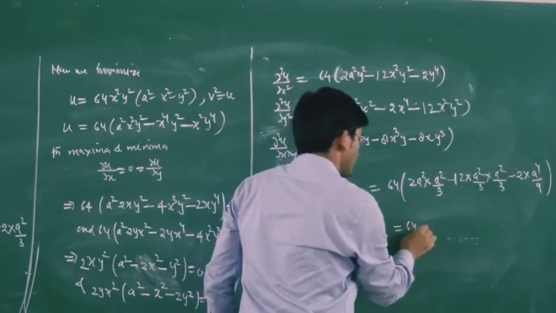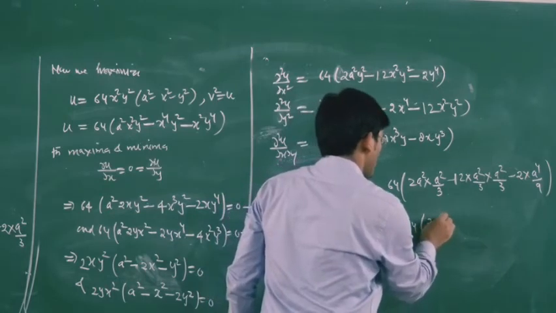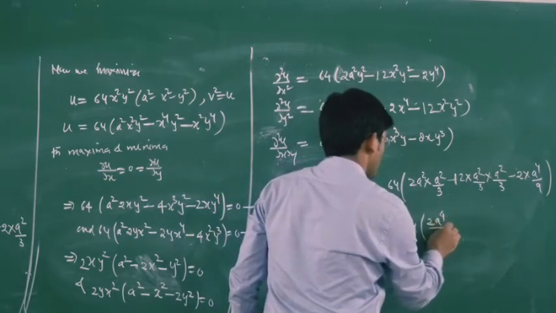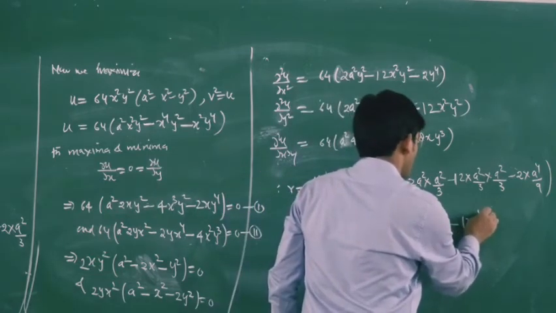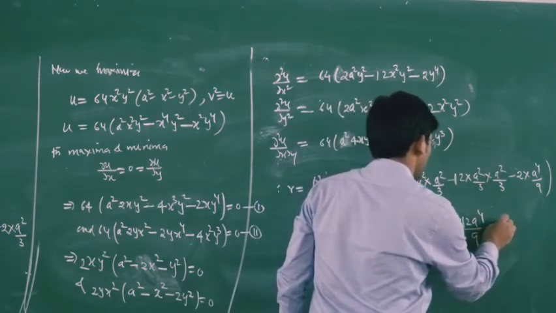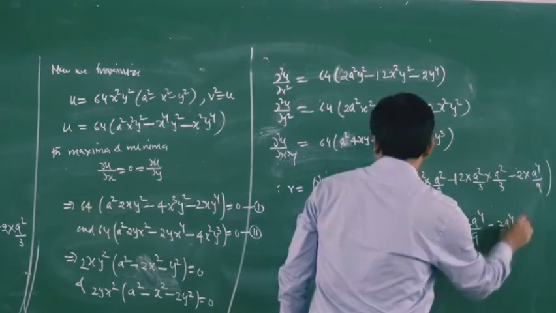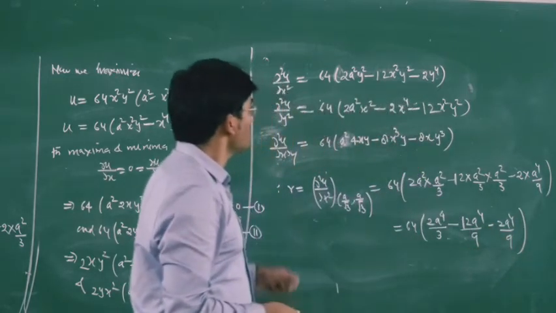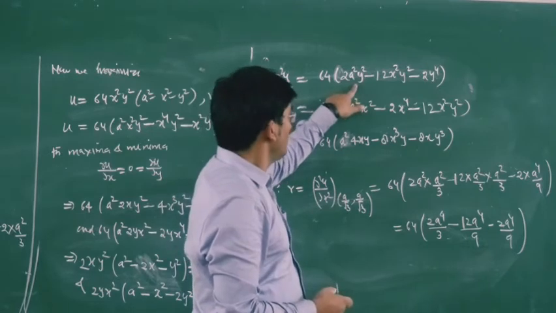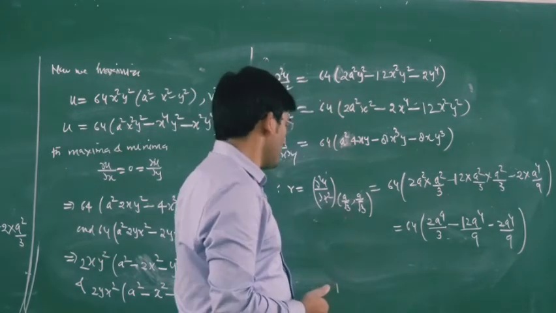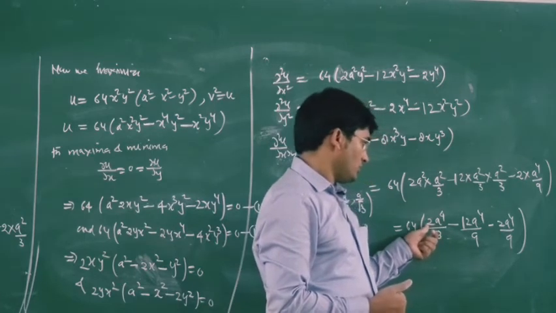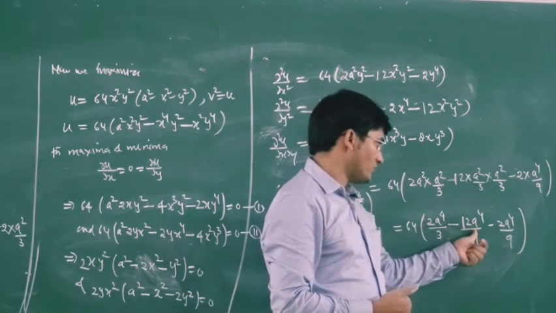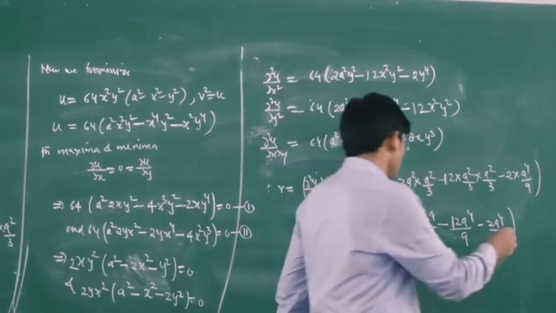So this is equal to 64 into 2a⁴ upon 3 minus 12a⁴ upon 9 minus 2a⁴ upon 9. So this is the value of r, and you can see that this will be 6, then we have minus 12 minus 2. So this is your negative.